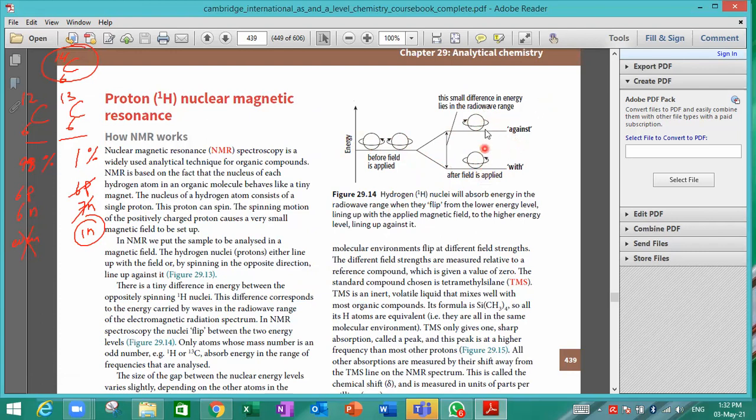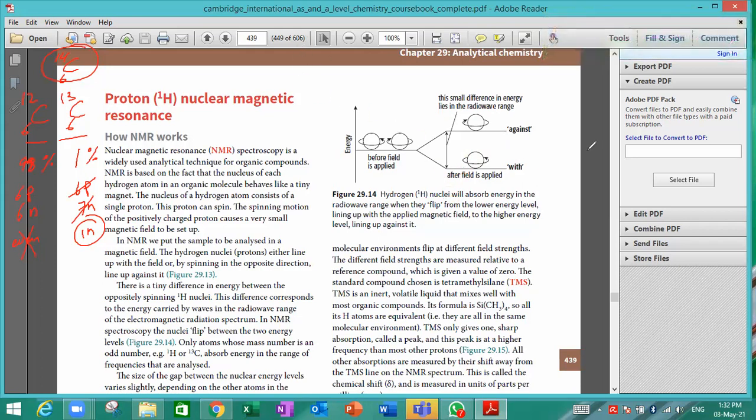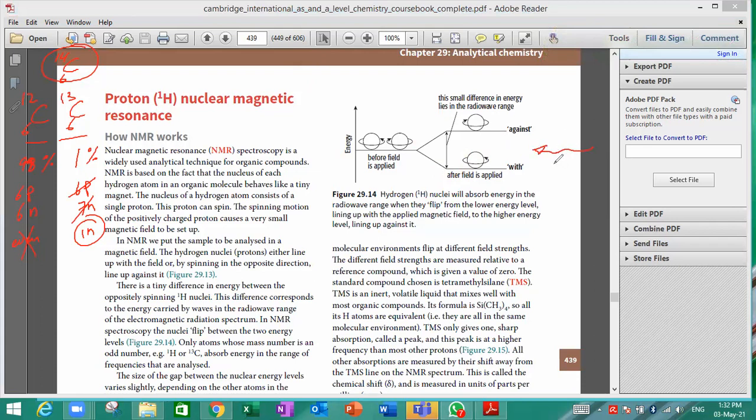And there is a difference between their energies. It's a small difference, but it's present. So if this molecule containing these protons or neutrons is subjected to radio frequency waves, then this proton would absorb this energy and be promoted to the higher energy state, and on doing so, it gives us a peak in the NMR spectroscopy.